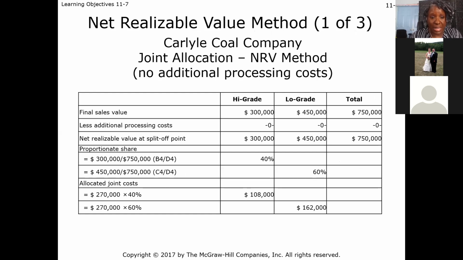So using the net realizable value, we want to know how much it costs us. What's the sales price? But we're also going to deal with a little more information, like any additional processing costs. So you don't have to worry too much about statistics and formulas and all of that. What's the sales price? And then what are the additional costs associated with processing this product? And that will give you the best guess of the net realizable value.